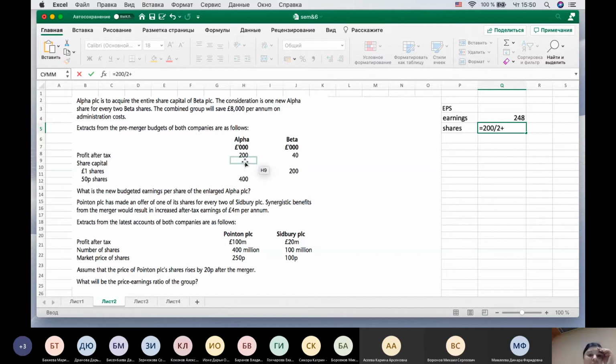And plus the amount of shares for Alpha company before the deal.